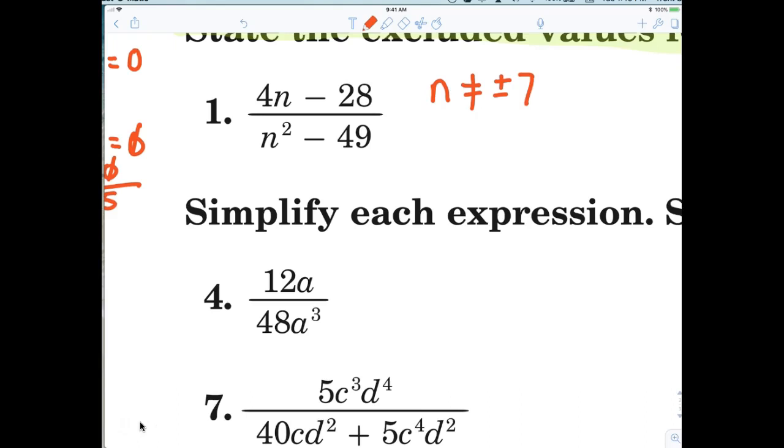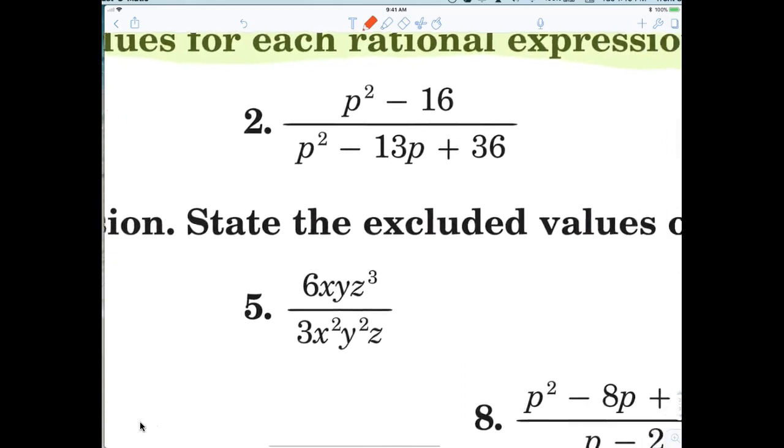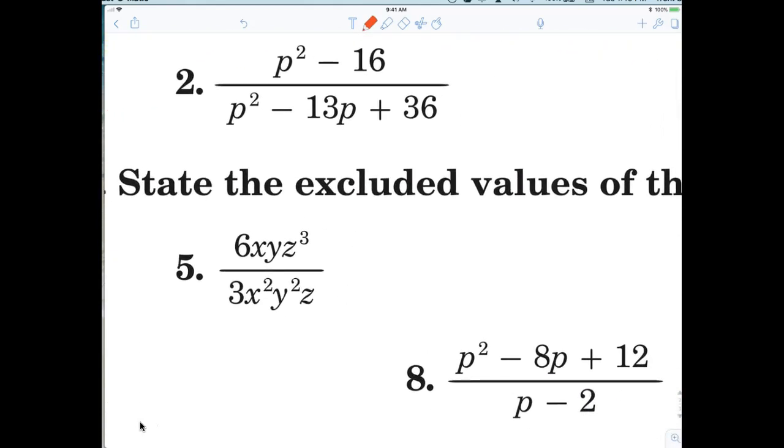Now let's see how good you are. Let's look at number 2. Is that the answer? That's the answer. Very good. So how do I figure out what P is, or what the excluded values are? All you're doing is literally saying, when does the denominator equal 0?